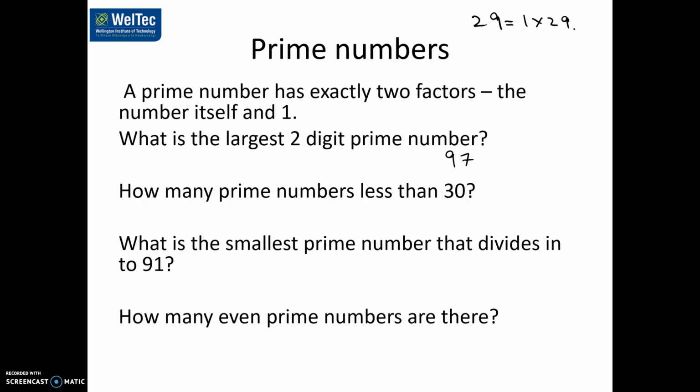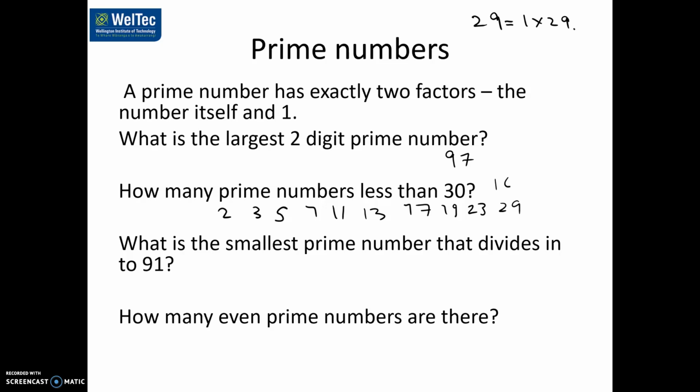How many prime numbers less than 30? Okay, let's start. 2, 3, 5, 7, 11, 13, 17, 19, 23, 29. So 1, 2, 3, 4, 5, 6, 7, 8, 9.